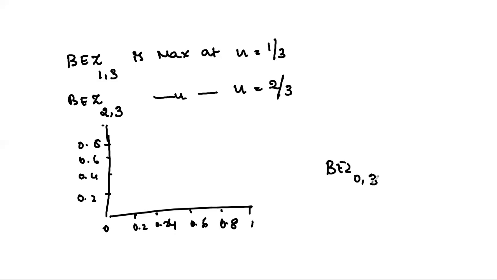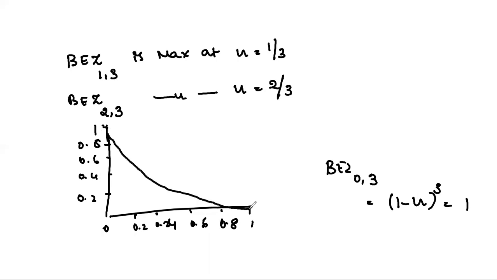Basically Bez of 0, 3 will start from 1, because we have written it as 1 minus u whole cube. So if u equals 0, then it will have the value 1.